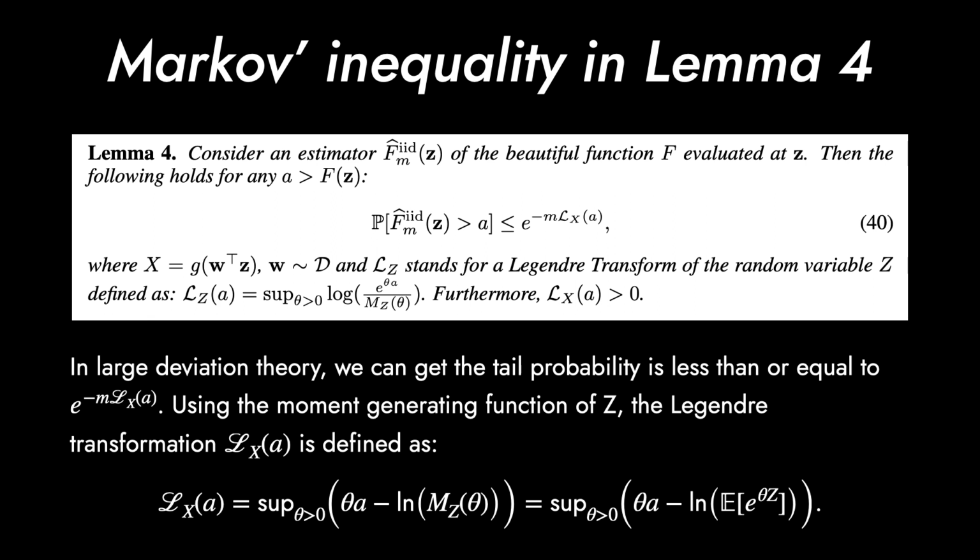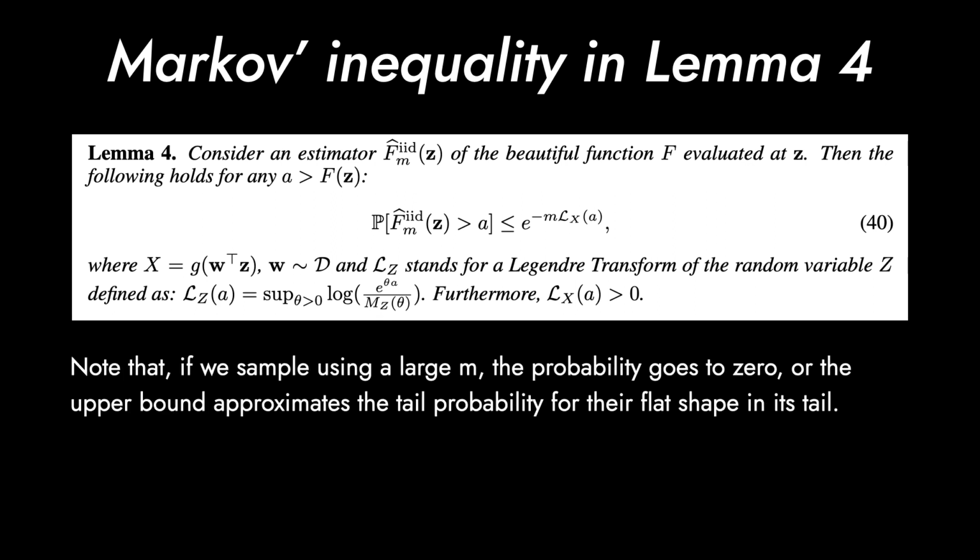I believe the detail is out of scope and we don't need it further for the rest of the proof. Just one note: if we sample using a large M, the probability goes to 0, or the upper bound approximates the tail probability, given the flat shape of the PDF in its tail.